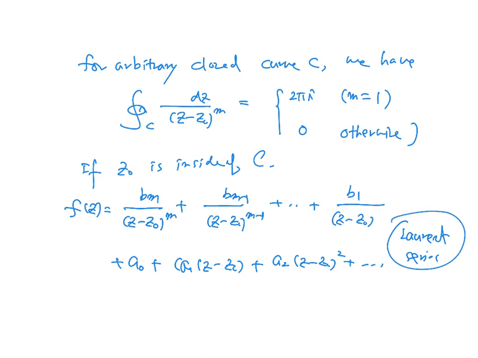Then what happens if we integrate this function? So this function can be very complicated, a lot of information. So this function can be specified with all different coefficients, B minus 1, blah, blah, blah, B1, A0, A1, A2, many, maybe infinite order. But if we integrate this, what happens? All the coefficients don't contribute, only these terms survive, right? So 2 pi i B1.